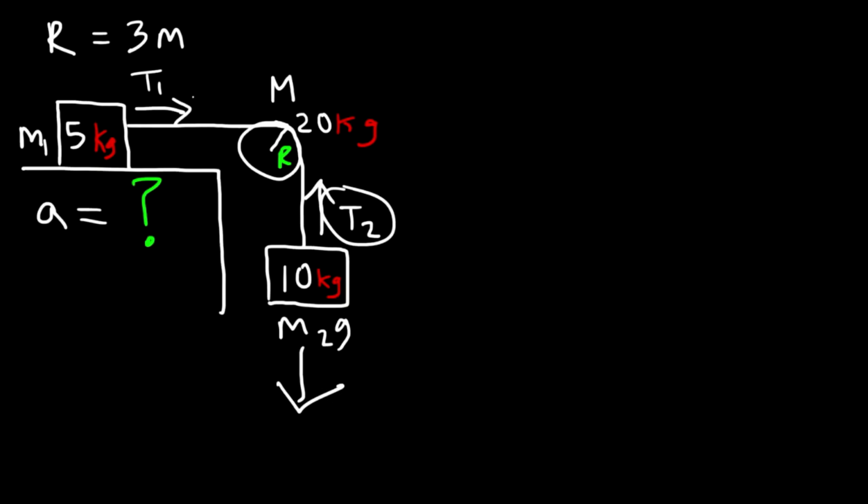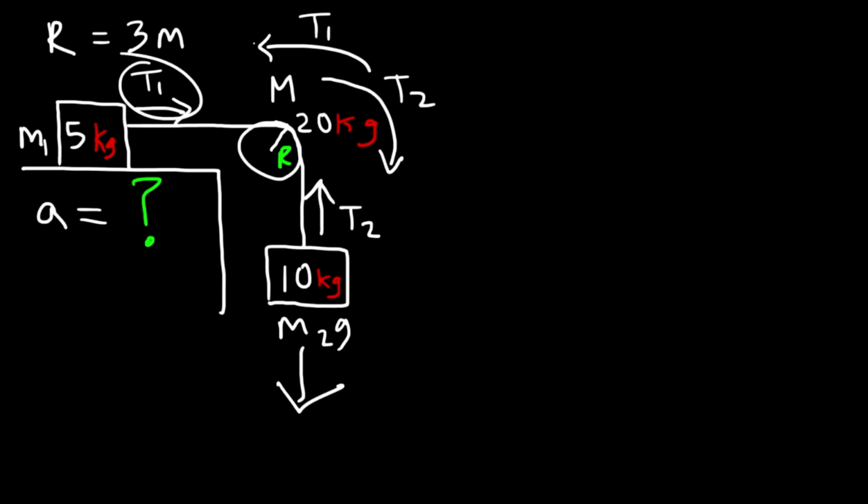Now these two tension forces are acting on the pulley. If T2 lifts up the object, you can be sure that T2 causes the disk to be pulled in the clockwise direction. And T1 causes the disk to be pulled in the counterclockwise direction, opposite to that value.